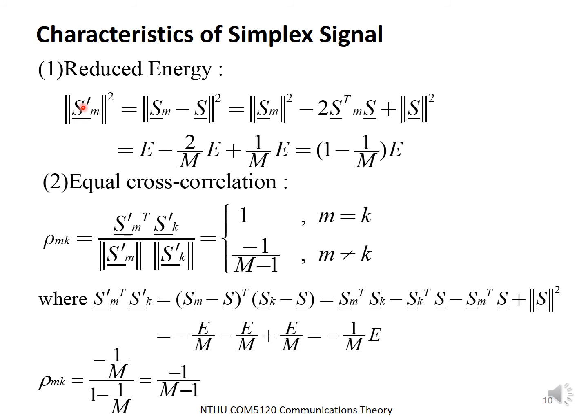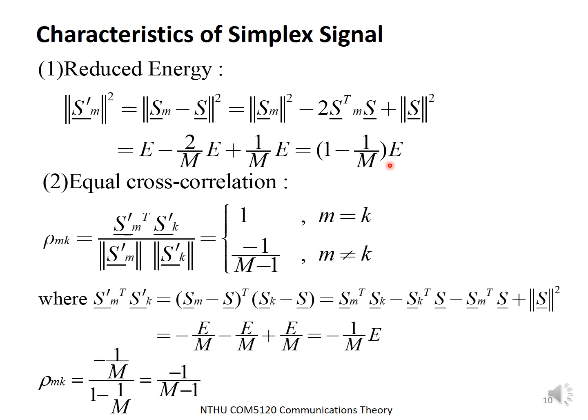By definition of the simplex signal, that is a shift of the original symbols. Then by doing the inner product, we can find the energy of this new simplex signal. That would be reduced by 1 over M of E. So the energy is reduced.